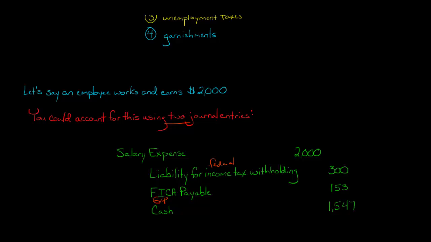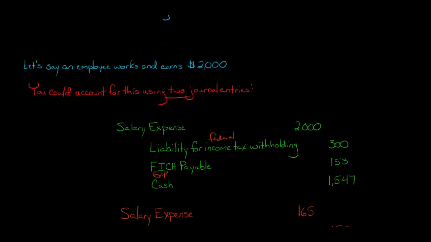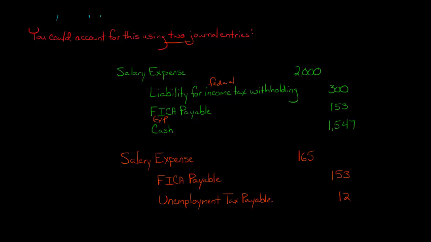And let's say that was $200, then that would reduce further the amount of cash that the employee would be receiving. Now, these amounts here are taxes that the employer is withholding from the employee's earnings and then going to submit them to the government on behalf of the employee.